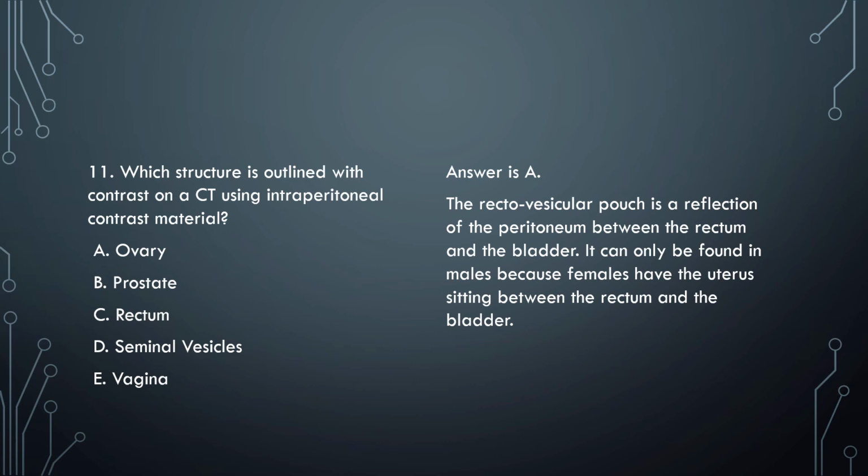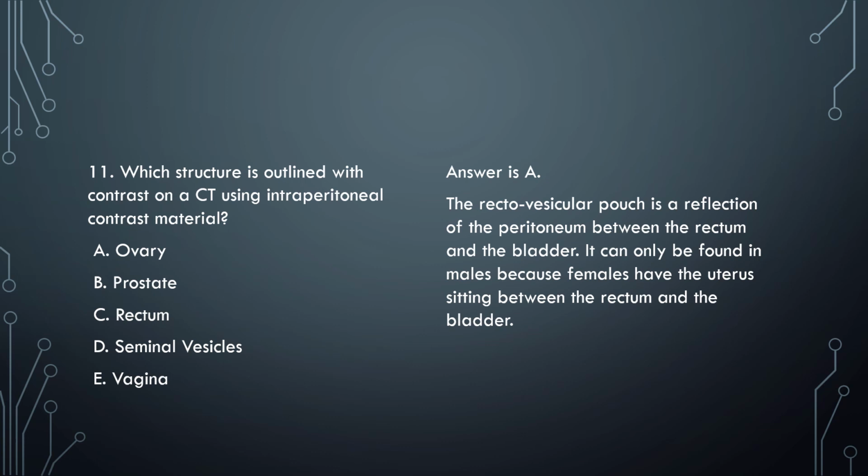Rectovesical pouch is a reflection of peritoneum between the rectum and bladder. It can only be found in males because in females the uterus sits between the rectum and bladder. You have to be clear here.